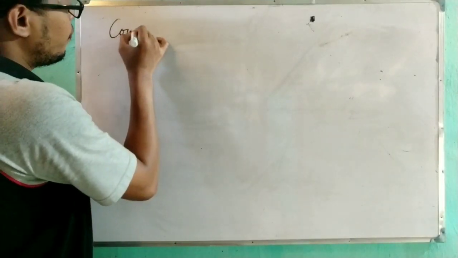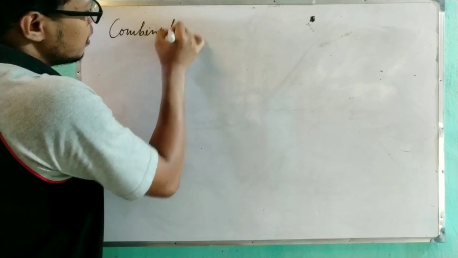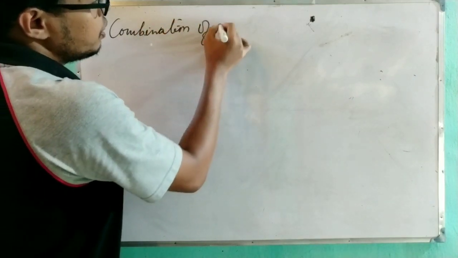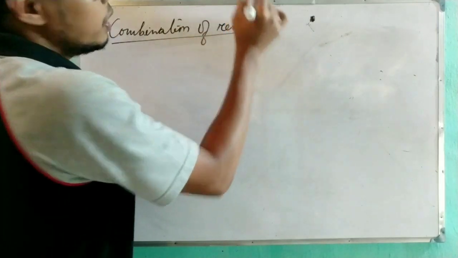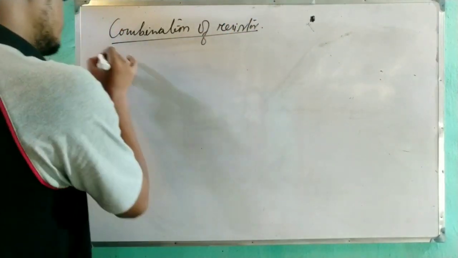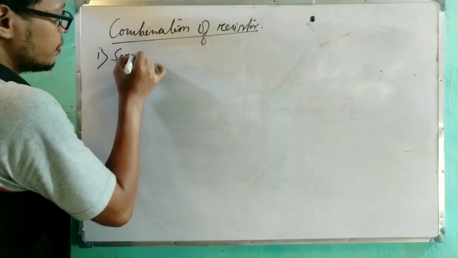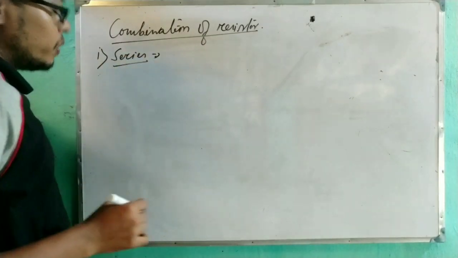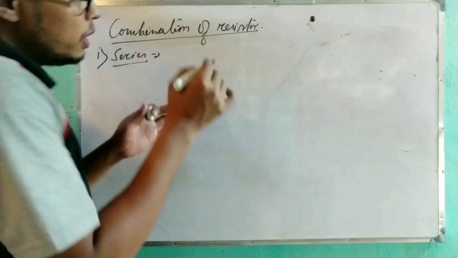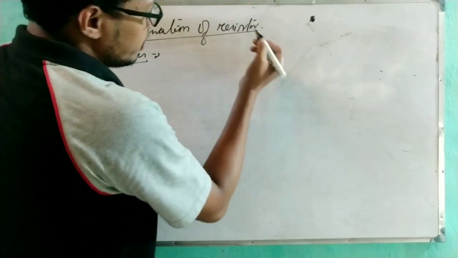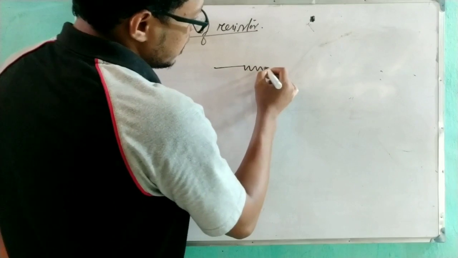Next heading, the combination of resistors. There are two types of combination. First one is the series. That derivation you read in class 10, so in brief I am telling: suppose I am taking two resistors connected in series.